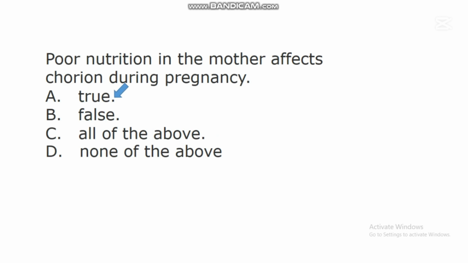So good nutrition ensures that the cells of the chorion get all the nutrients that they require for effective development, which will at the end of the day help in keeping the embryo healthy. At the end of the day, the embryo will not have any problem.